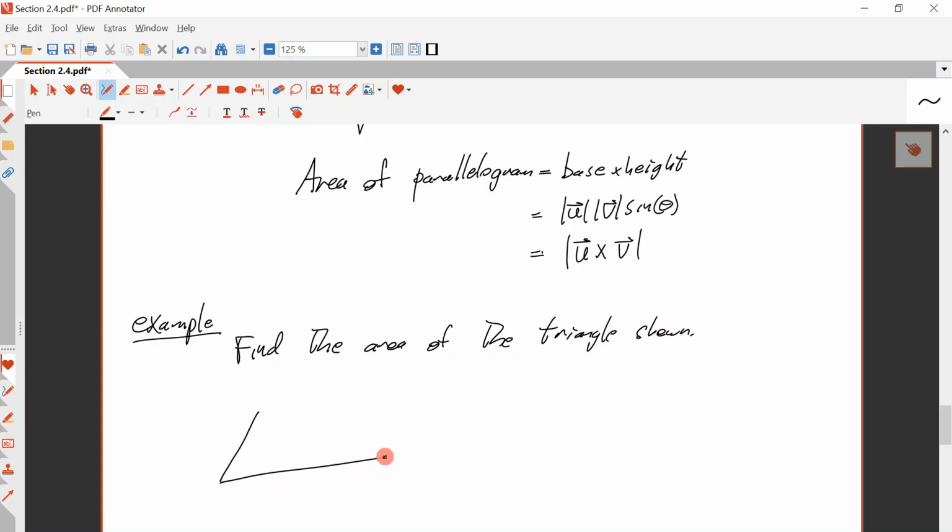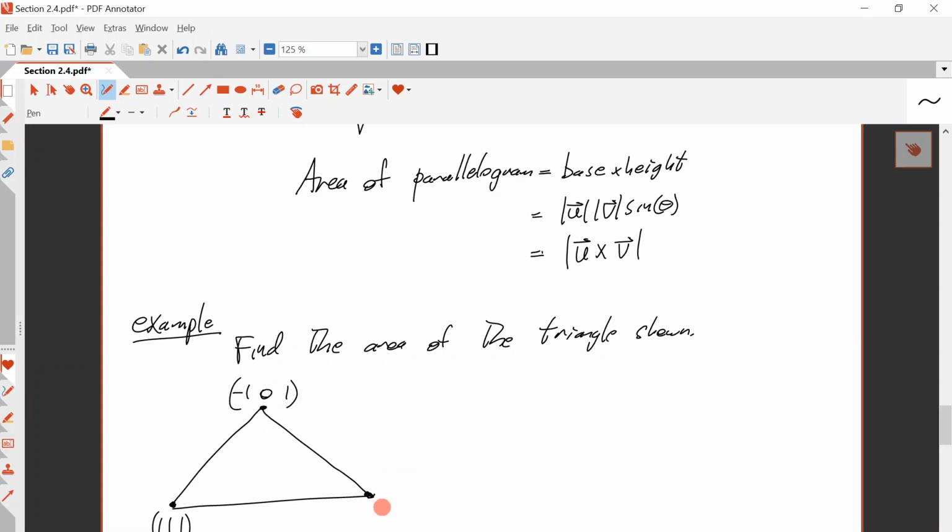So here are 3 points in three-dimensional space. We'll say this is 1, 1, 1, negative 1, 0, 1, and 0, 2, 1.